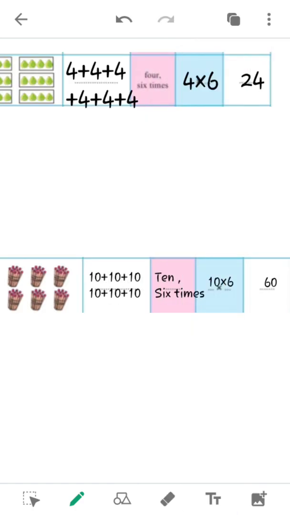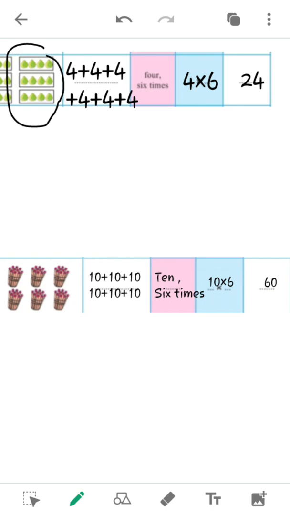Next is, you can see the yummy guavas. Yes or no? Yes. There are total 6 boxes of yummy guavas and each have 4 guavas. So, it means 4 plus 4 plus 4 plus 4 plus 4 plus 4.